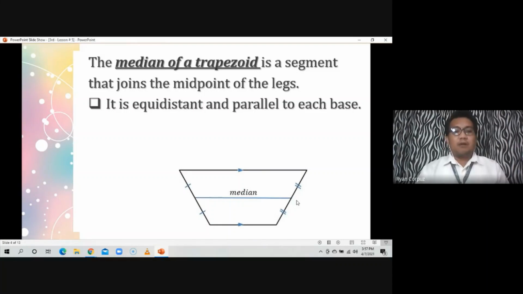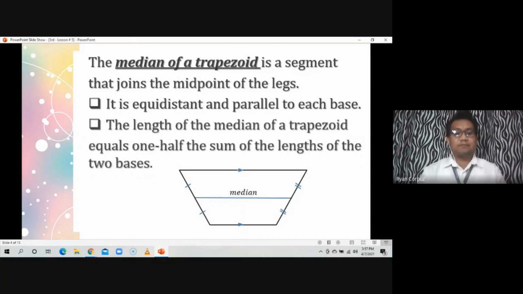Again, the median of a trapezoid is equidistant and parallel to each base. So ito daw median na to, parallel siya, and equidistant. So, equal yung distance niya dun sa bases of the given trapezoid.